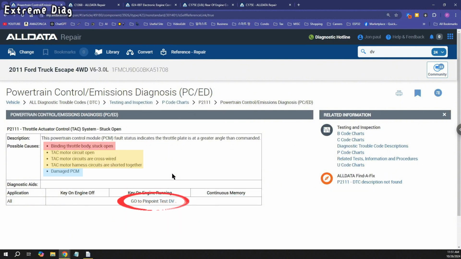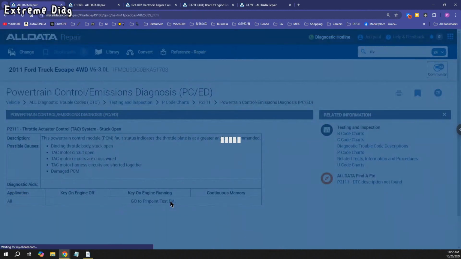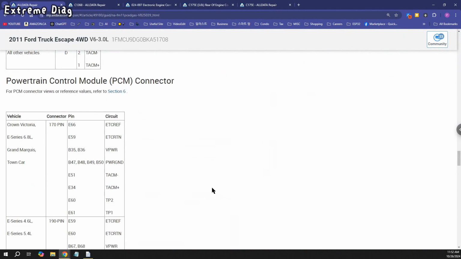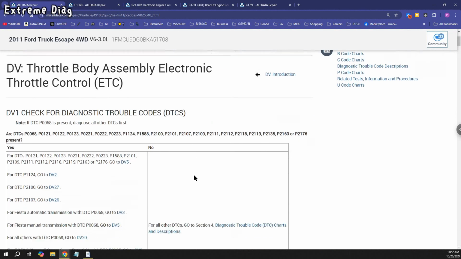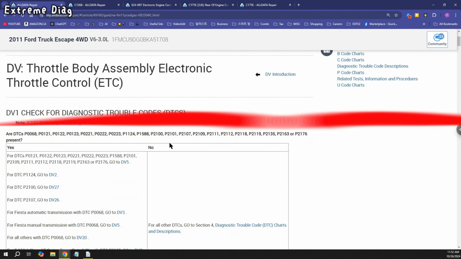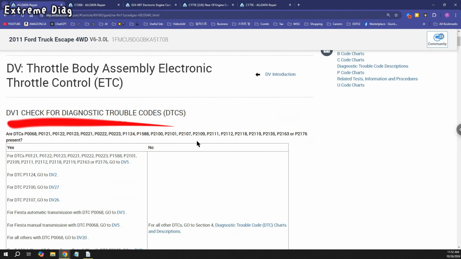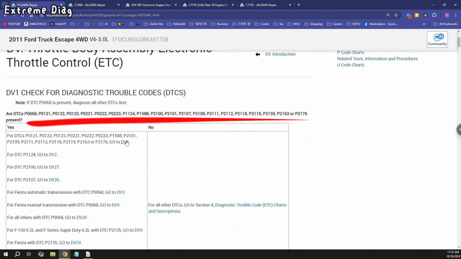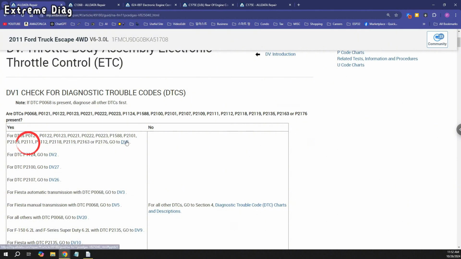Next, I'll proceed to the pinpoint test, DV1. DV1 asks if any of the listed error codes are present. The answer is yes, and for P2111, proceed to DV5.